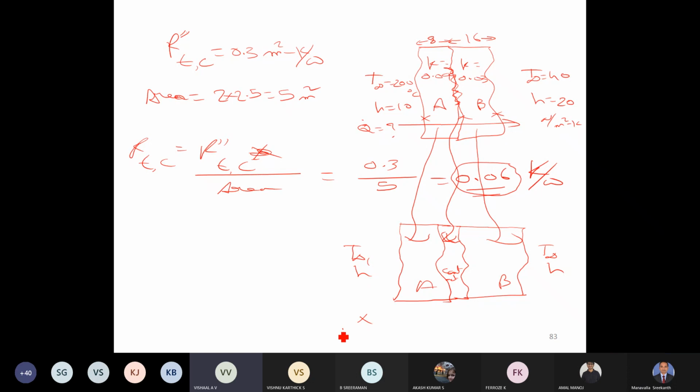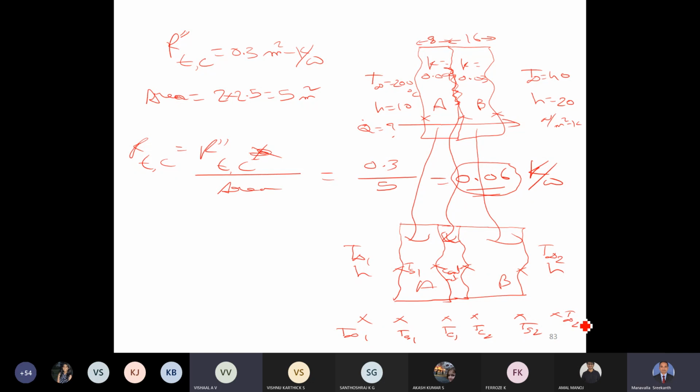Then this surface will have some temperature, TS1. This one is TC1, where C stands for contact surface. This side is TC2, this side is TS2, and this is T infinity 2.